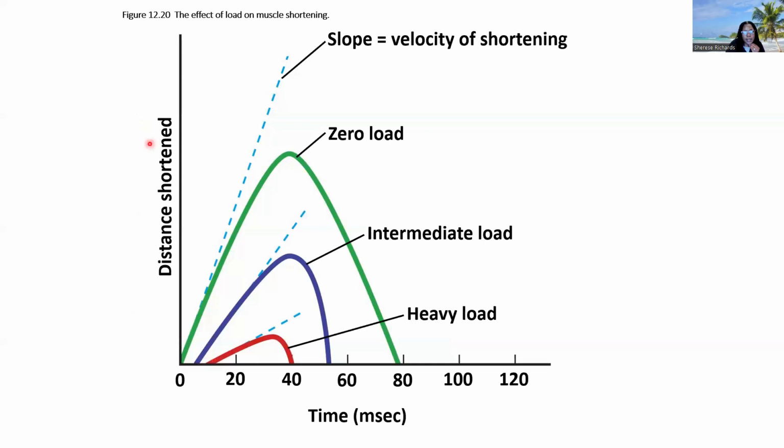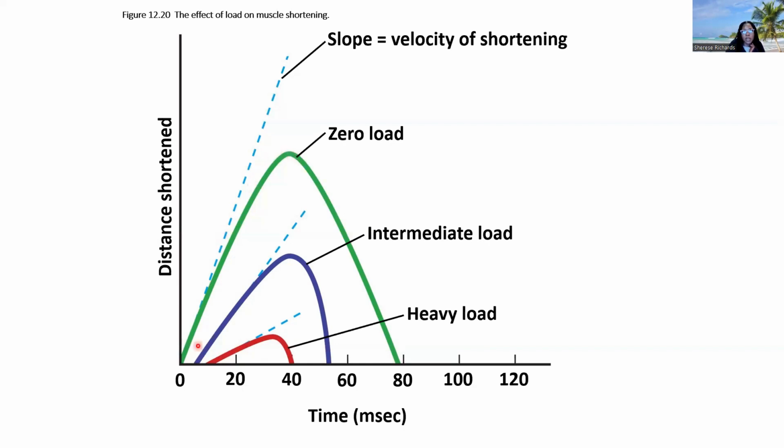Notice the distance shortening decreases. So the distance that the load can be lifted, or the distance shortening rather, is also going to be decreased as the load gets heavier. And as the load goes to zero, the distance of shortening can get larger. The third thing is notice the slope, the velocity.